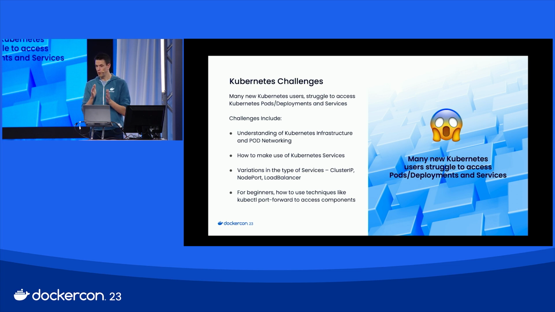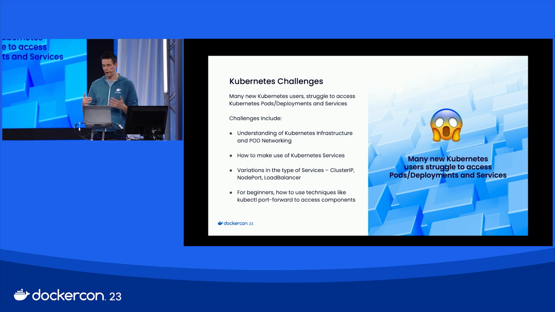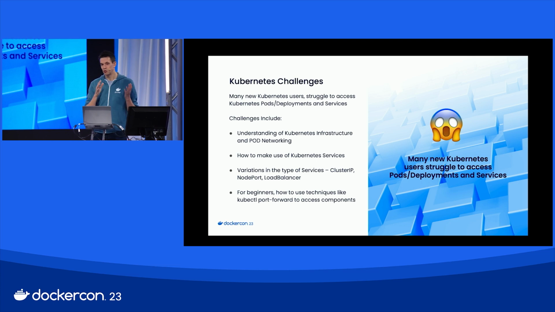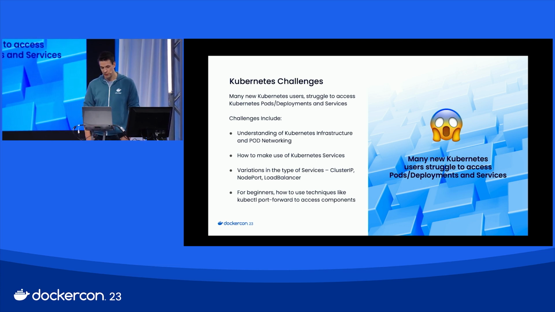There's some abstraction that goes on between it. Sometimes new users will follow a tutorial, run a pod, see that pod IP address, but then they can't access it. Usually the means of how to access this and make use of it is another layer that they have to learn, which is challenging when you just really want to get into this.